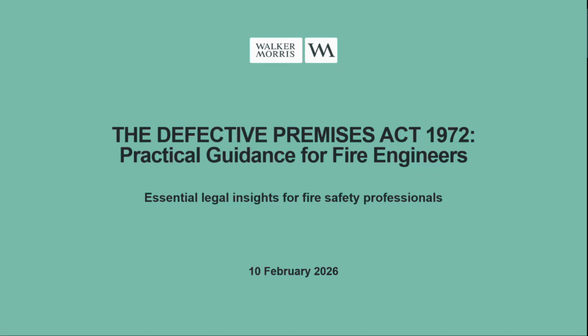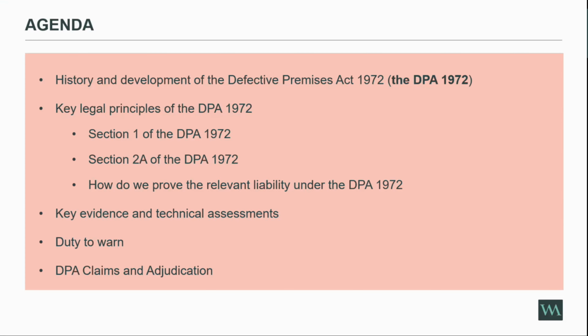So I've just popped on the screen a brief agenda, just in terms of the topics that I'm going to cover. I think it'd be really helpful just to look at the history of the DPA and where it came from, based on what it's now used for, because it's had a bit of a history.